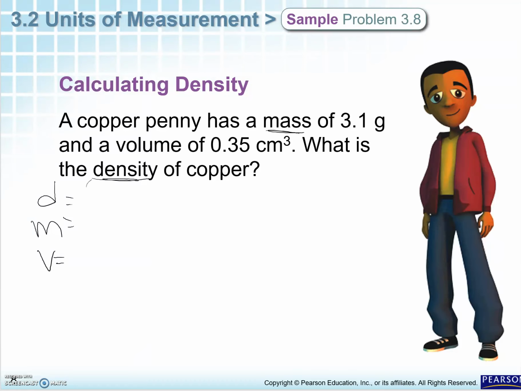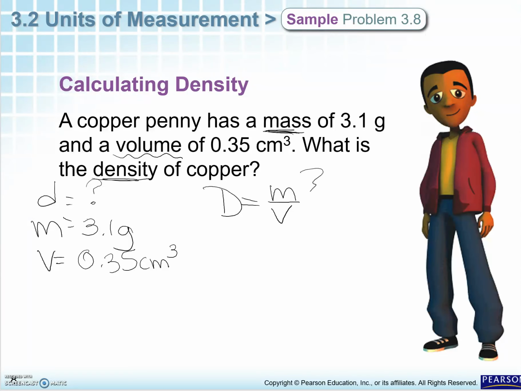Do we know the density? Nope, that's a big question mark. Do we know the mass? Yep, it tells me right here that it is 3.1 grams. Do we know the volume? Why, yes, we do. 0.35 centimeters cubed. Now, you will need to know that density is equal to mass divided by volume.